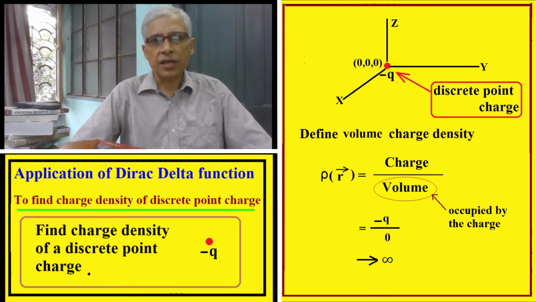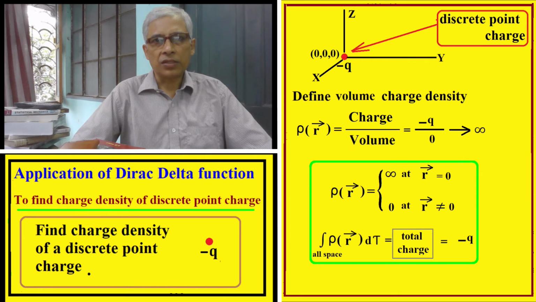But keeping our heads cool, let us accept it and at the same time write down all the properties or features of the discrete charge distribution we have got. And you can see the properties housed in the green box. At vector r equal to 0, rho is infinity. At vector r not equal to 0, rho is 0, since charge is only at the origin and nowhere else.